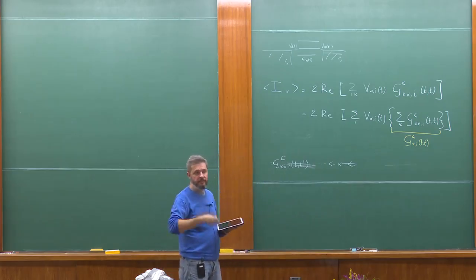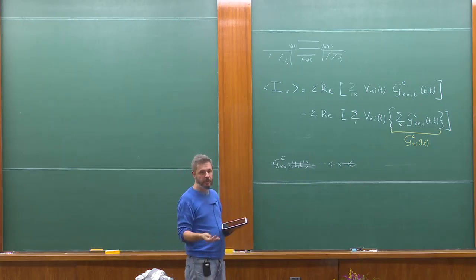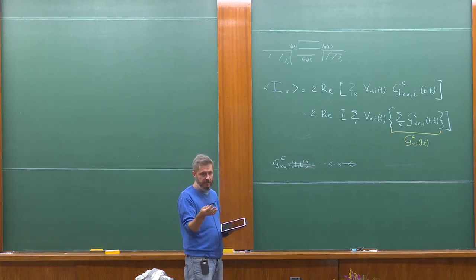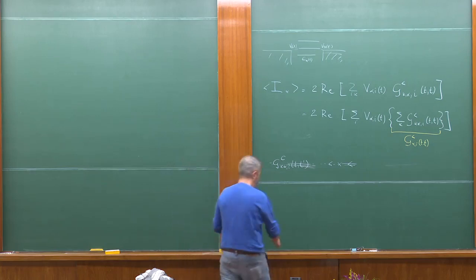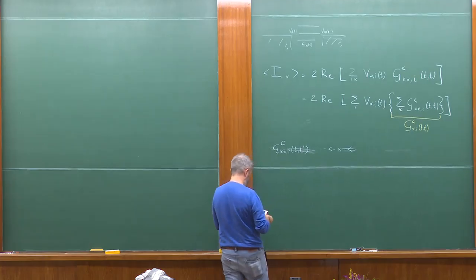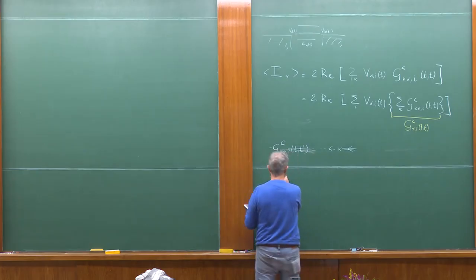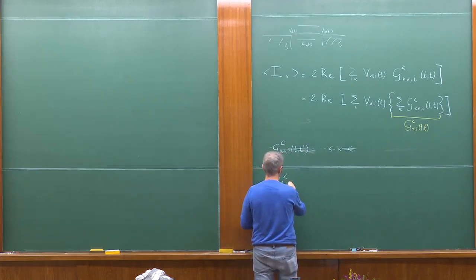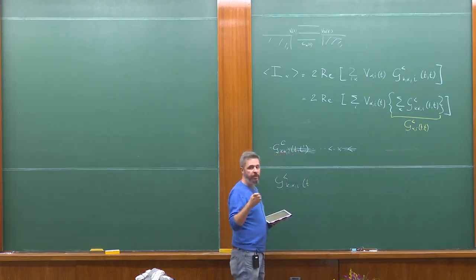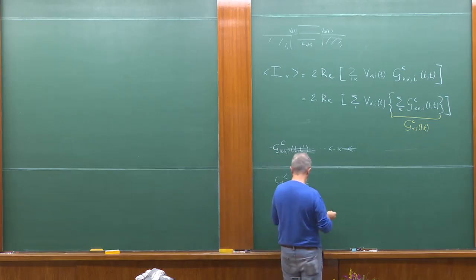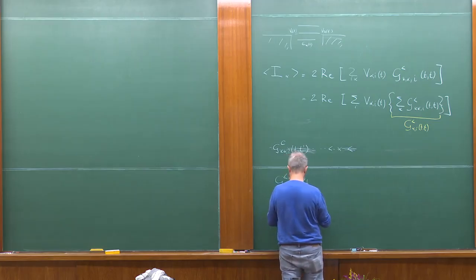So everything that I've done for a time-independent problem is valid also for the time-dependent problem. If you think for a second, you immediately realize it. Now, the only complication is that when I translate this formula, so I take the lesser component of this, now I have to deal not with convolutions of functions that depend on time differences, but with functions that depend on both time arguments. And that is the essential complication of this problem.